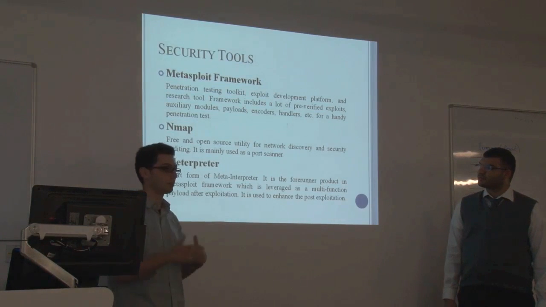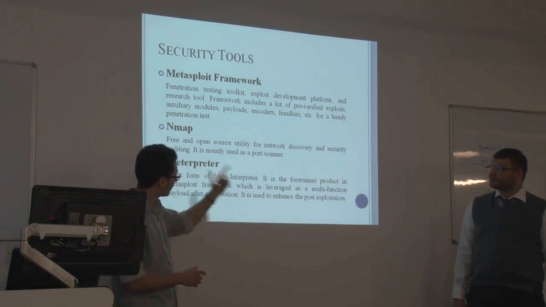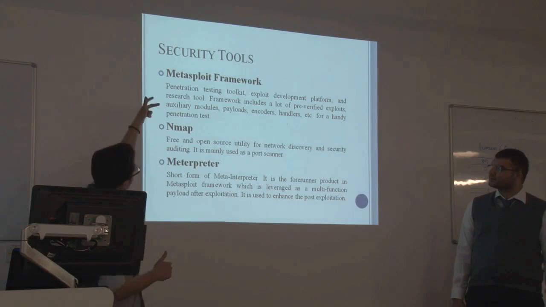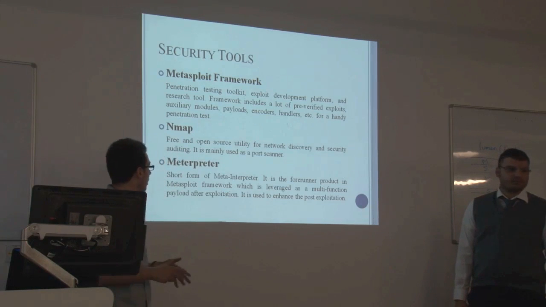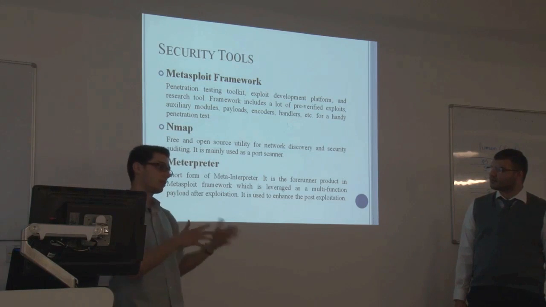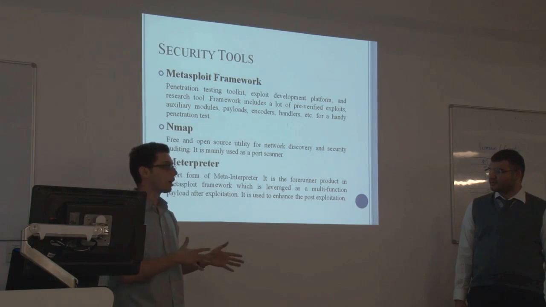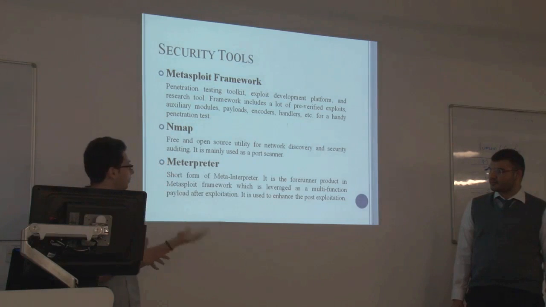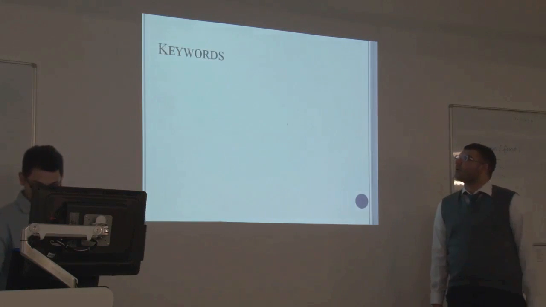It's mainly used as a port scanner. And finally, we have Meterpreter, which is the short form of Meta-interpreter. It belongs to Metasploit framework, and it's used as a multi-function payload after exploitation. In simple terms, it allows us to have full remote control of a victim's system or our target.